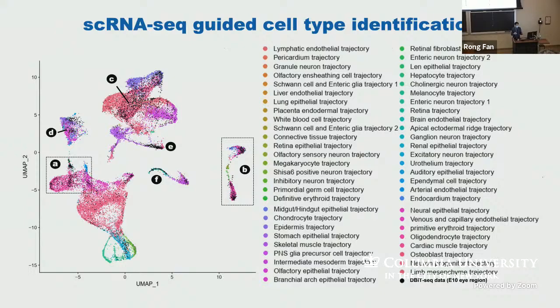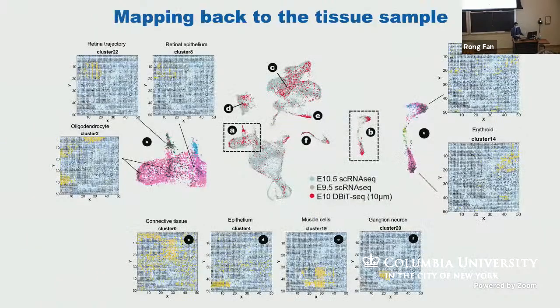You integrate the single cell sequencing data and the spatial transcriptome together, and the single cell sequencing data is well annotated on the different cell types. You just transfer the cell type or cell lineage label to the spatial expression, and then you can see where they are. I'll just show you a couple of examples.